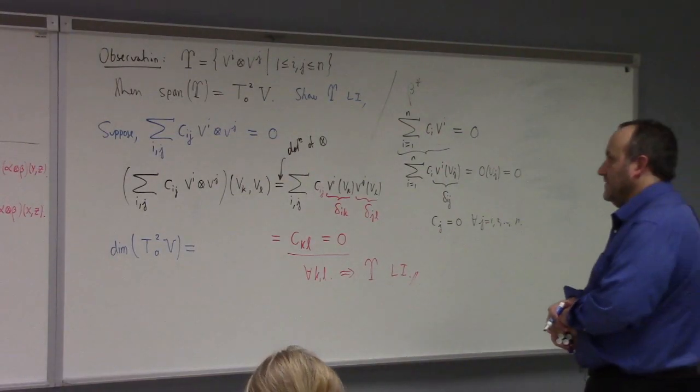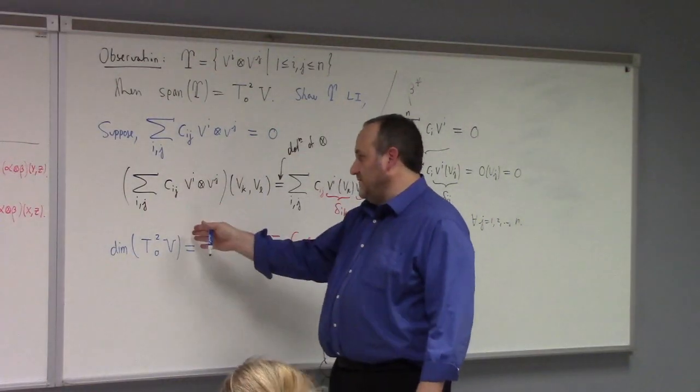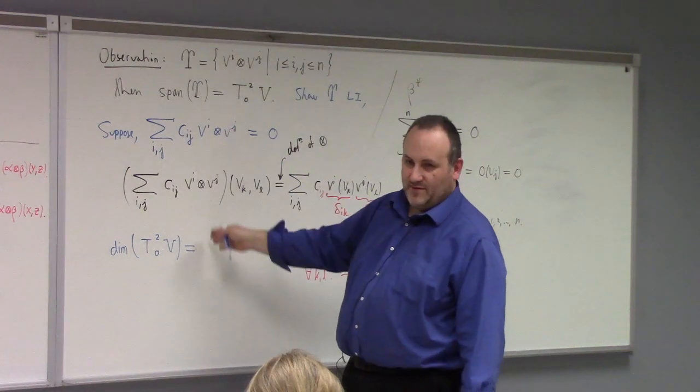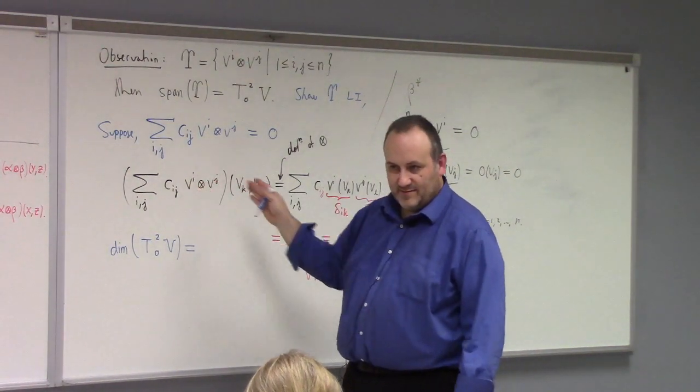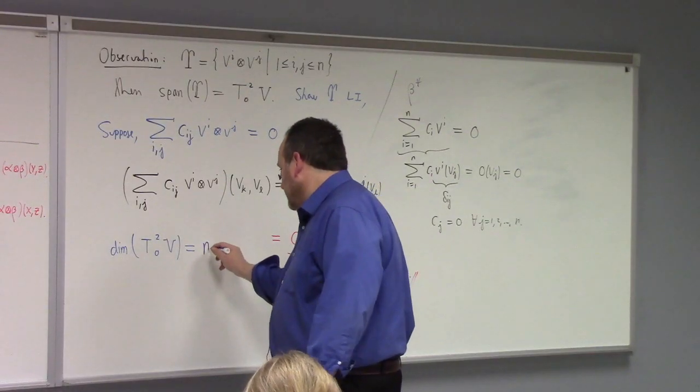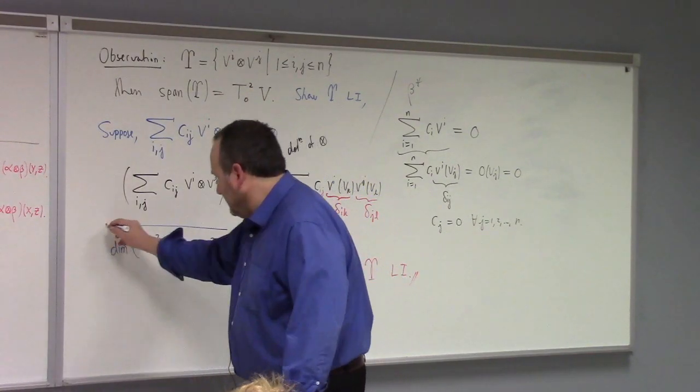So I have n choices for the v upper i, and I have n choices for the v upper j. They're independent choices, so the answer is n squared. The dimension is n squared.